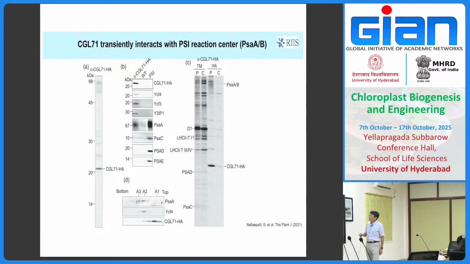I think type 1, it's separated somehow. Probably one of these is type 2 and this one is type 1. Sorry, it's my mislabeling, but anyway, these are all slightly different types, very similar to each other, different types of LHC2 apoprotein. Okay, so this is thylakoid.